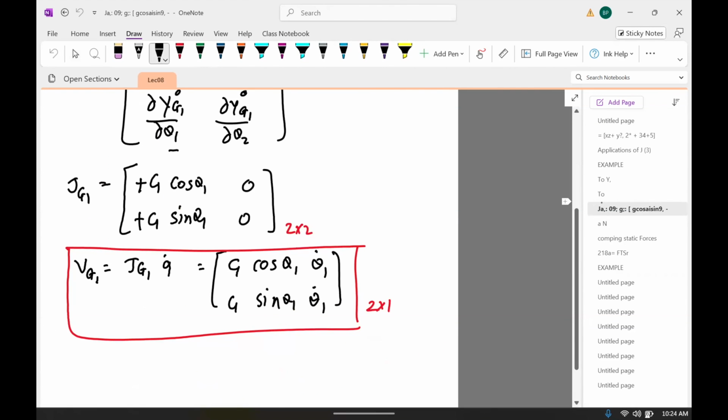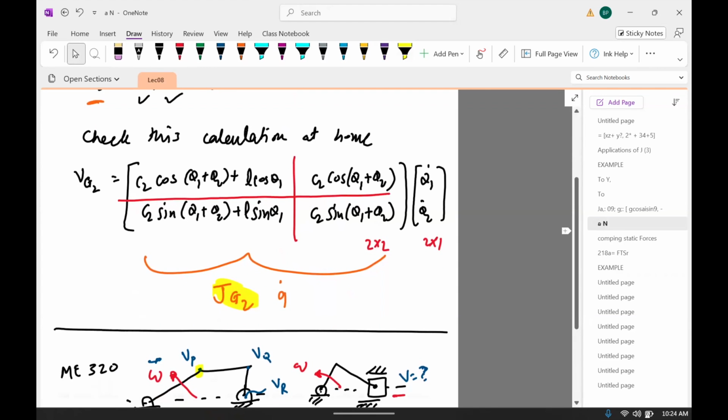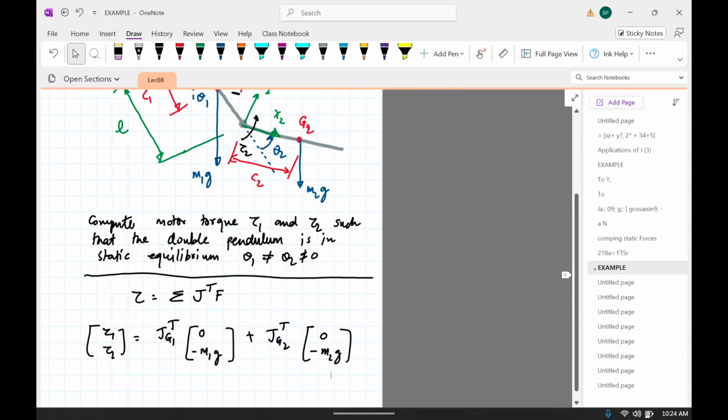So JG1 was this. Sorry. This was right here. And then JG2 here was this whole thing. So we can reuse that. Let's use that. Okay, so I'm going to expand this out in terms of the formulas for JG1, JG2.